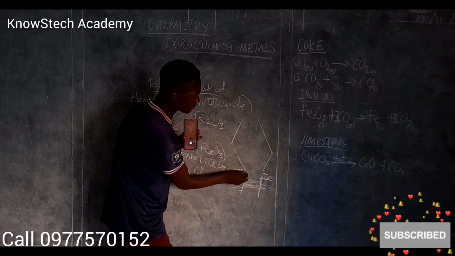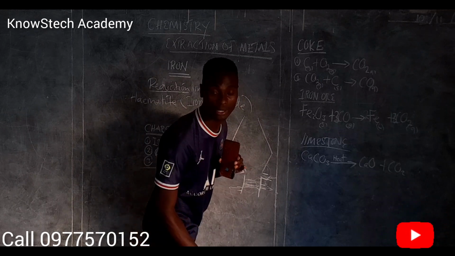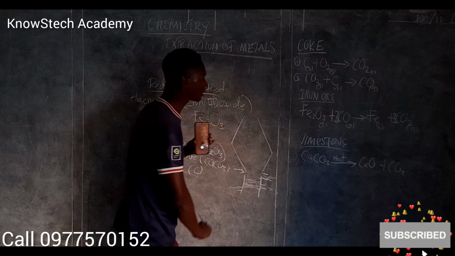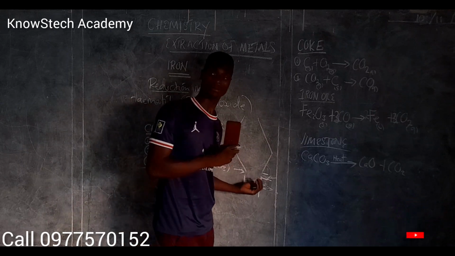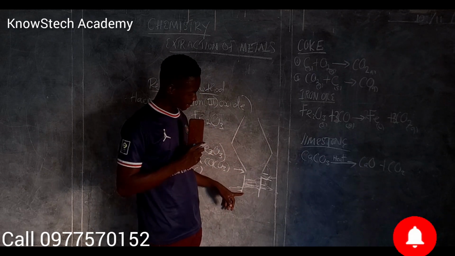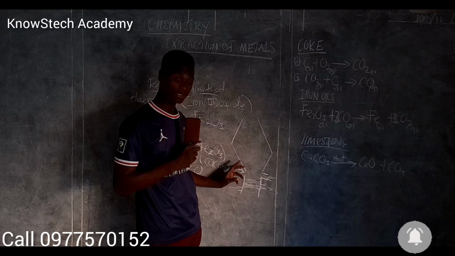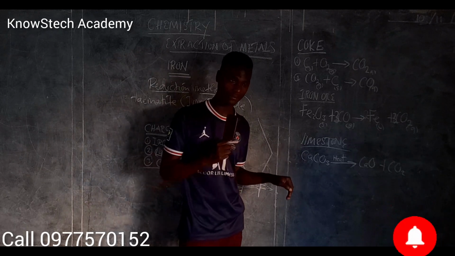Then here you have hot air in, and hot air is oxygen, which is used to heat the blast furnace. All right. So the purpose of molten slag in the blast furnace is to prevent oxidation.